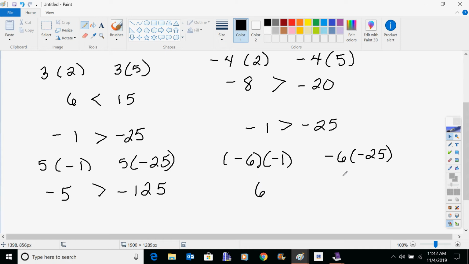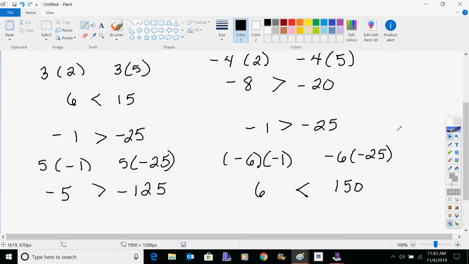And this one, negative times negative, gives you a positive. 6 times 25, if you think about 25 cents and you have 6 of those, you know that that's $1.50, so 150 cents. And notice what happens. The sign changes. So really important, the same thing happens if you're dividing both sides by a positive, it stays the same, but if you're dividing by a negative, it flips over.